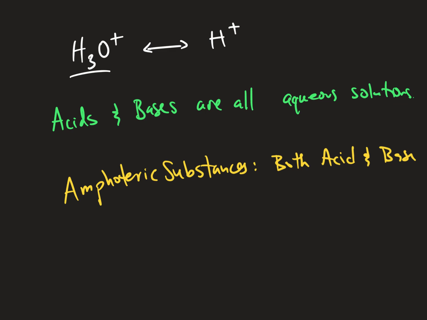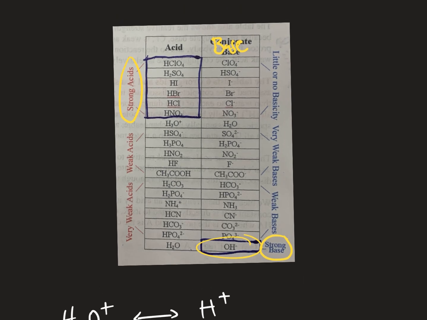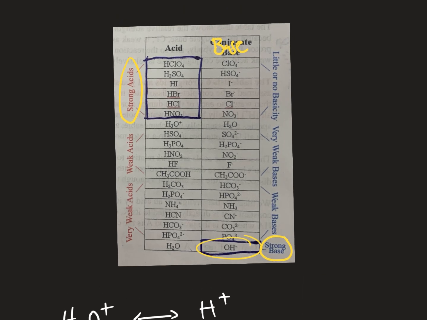So what's an example of an amphoteric substance? Water. HSO4 minus. Do you have to memorize these? No, you don't. Just notice this could either take a hydrogen or it could donate one, right? That's what makes it amphoteric. We good?